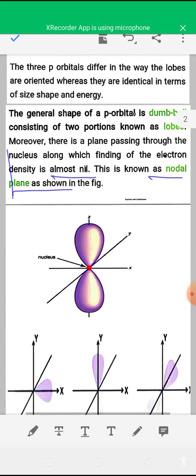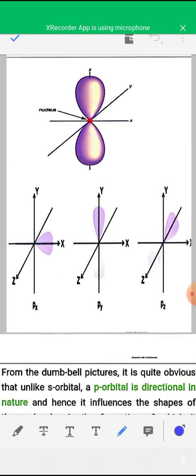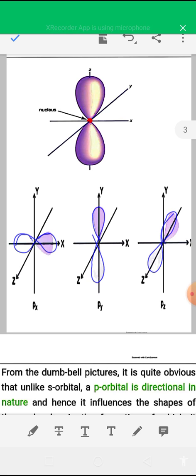Now see the shapes of px, py and pz orbitals. The px orbital is oriented along the x axis, the py orbital along the y axis, and the pz orbital along the z axis.